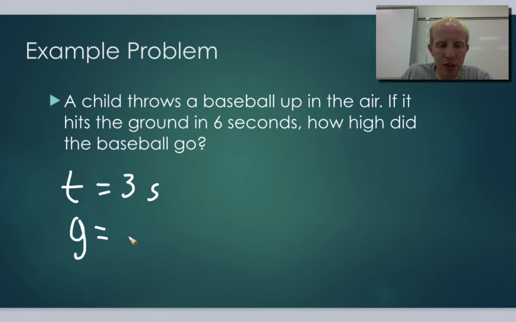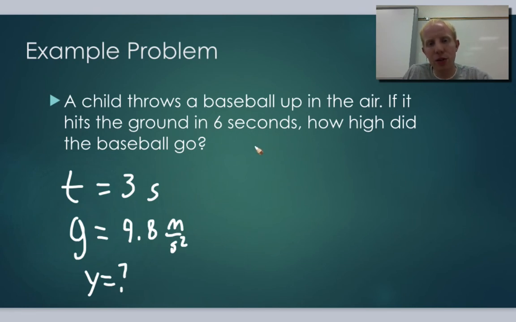Okay, g is still 9.8 meters per second squared, and we're still looking for y. How high did it go? And so if we divide by 2, take half of it before we start the problem, then we can do it the same way. So y equals 1/2 gt squared.